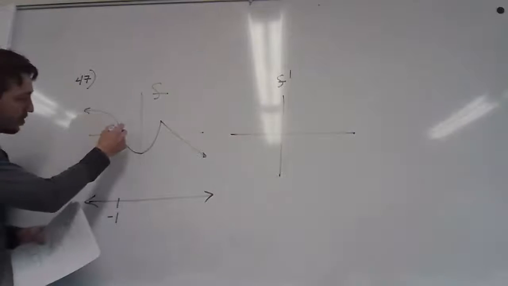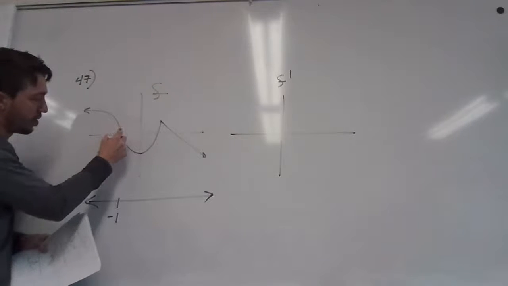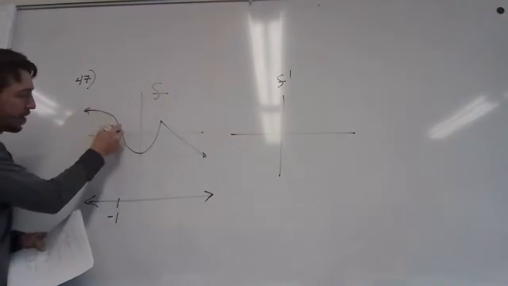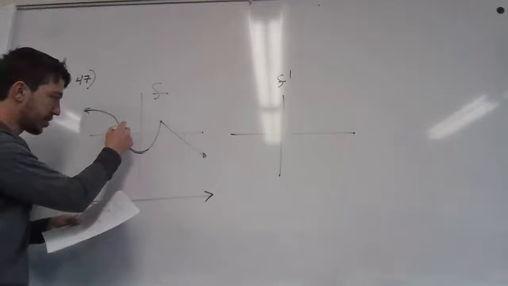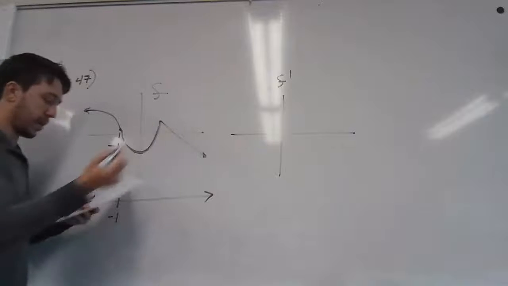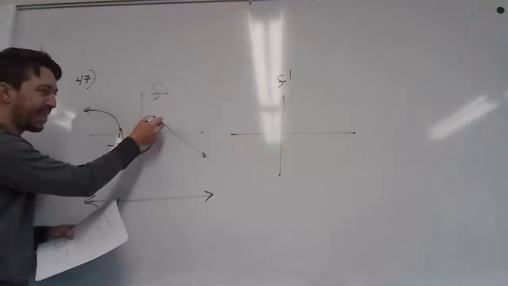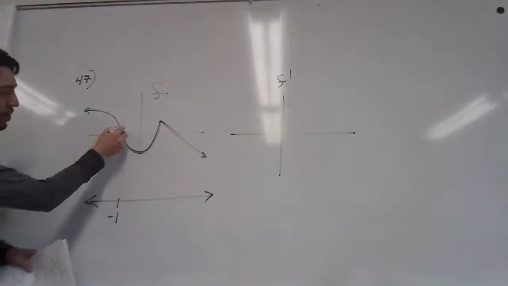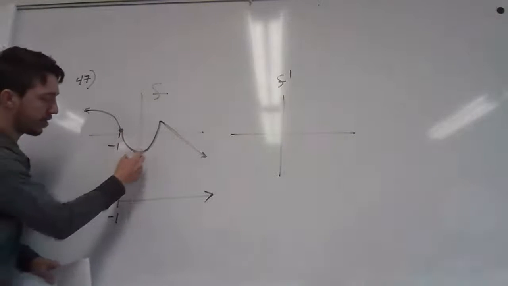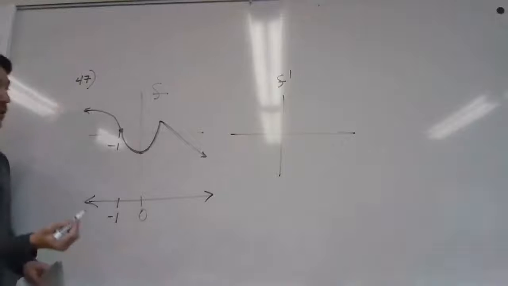You see how at -1, it's going from concave down to concave up. And then it stays concave up until it hits this pointy spot and then goes to no concavity. So -1 could be an inflection point, so that's relevant. 0 is a local min, so that's definitely relevant.